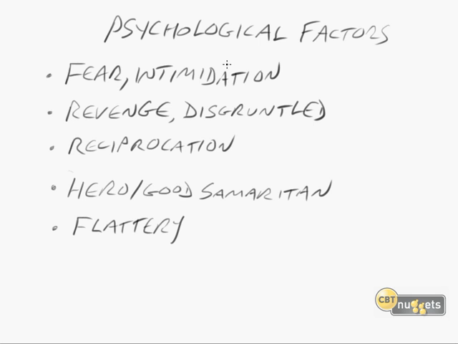Now, let's take a look at some psychological factors related to social engineering. One of those psychological factors that you might be able to play on is the emotion of fear and intimidation. You might be able to call someone up and say, hey, I'm so-and-so, I'm your boss's boss. And again, if you can call some names out and you name somebody that's a bigwig, then you might be able to provide a little bit of intimidation.